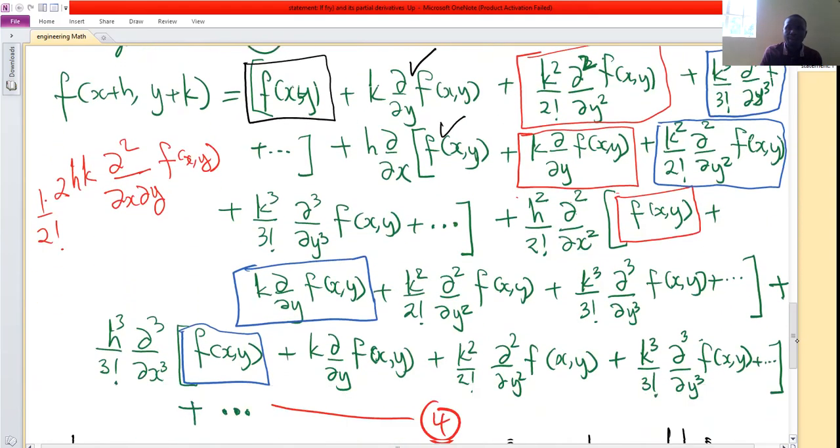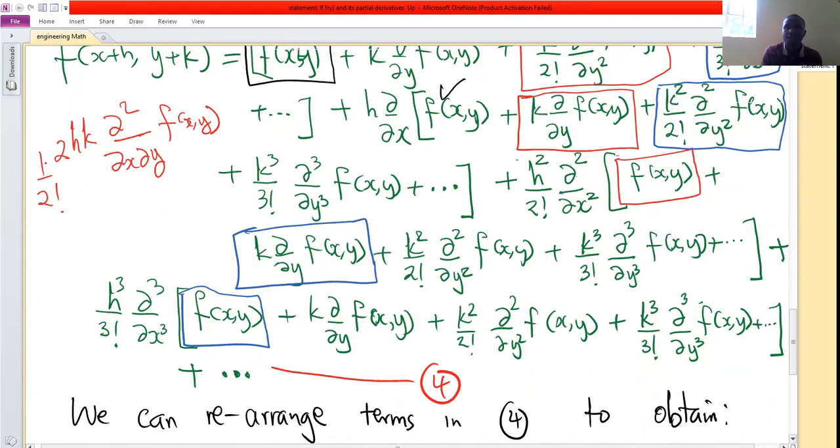Then you see here, this was the second partial with x and then partial with y. So I'll have h squared. This one will give me h squared k over 2 factorial, just the same as 2, so I have h squared k over 2. But now I'm putting 1 over 3 factorial outside. 3 factorial is 6, so it's like I have 1 over 6 outside, so that I still have a half for this coefficient.